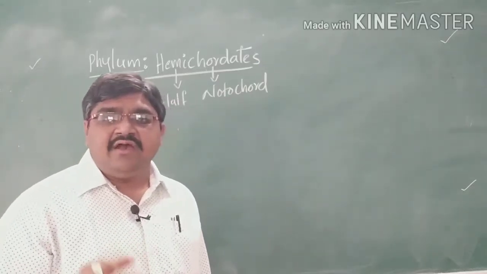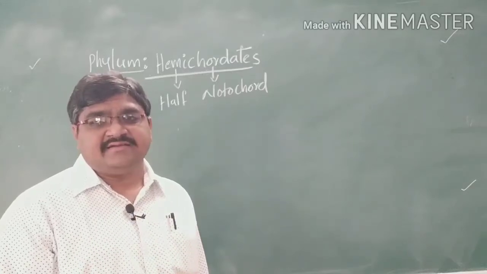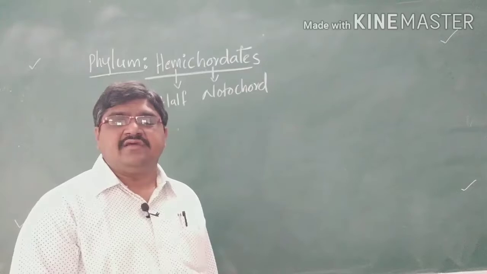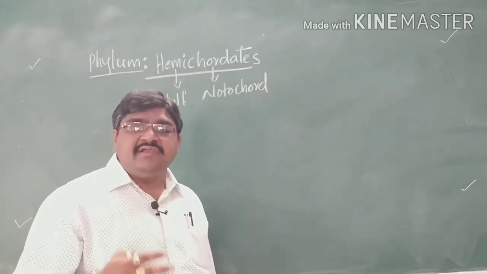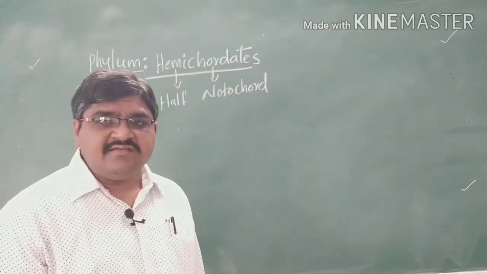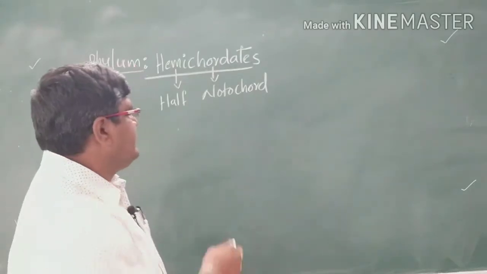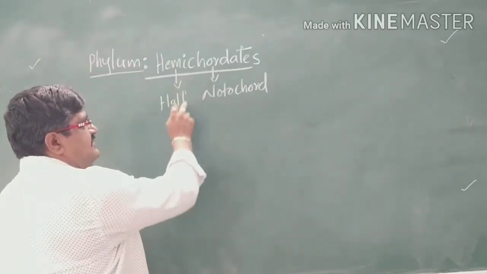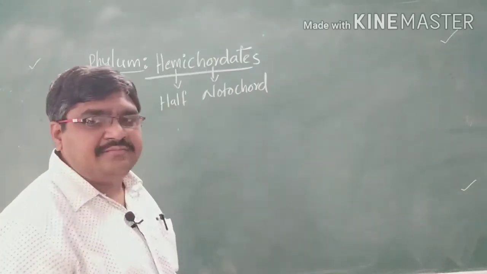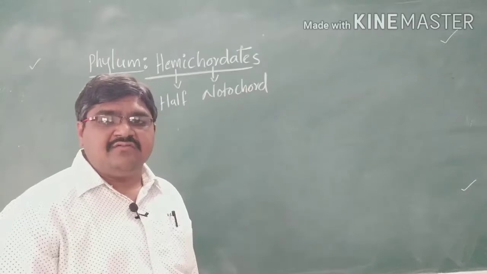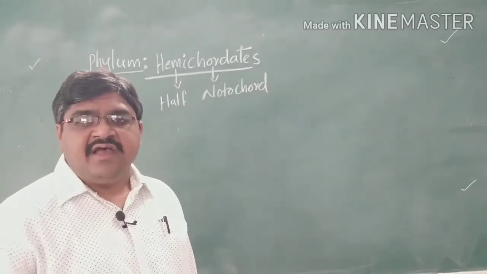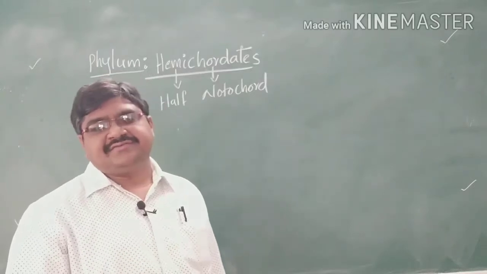So we have both types of characters, non-chordate as well as chordate. Due to the presence of a notochord in half of the body, we call them hemichordates.